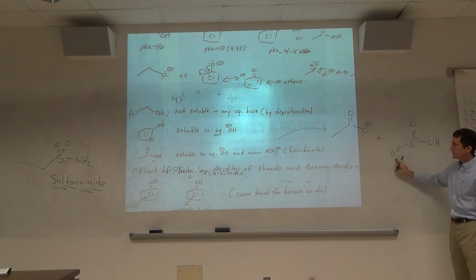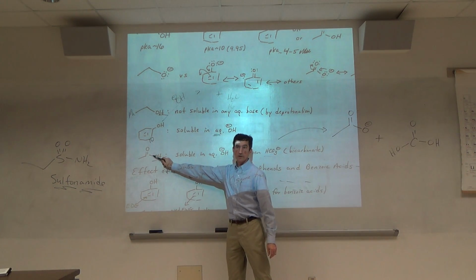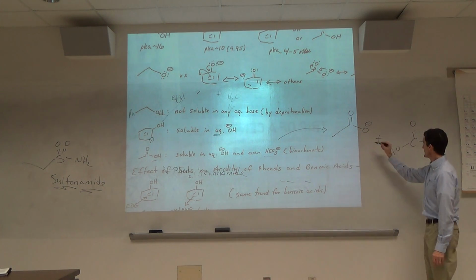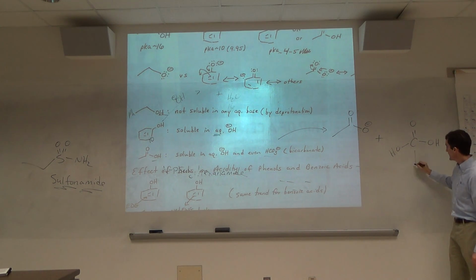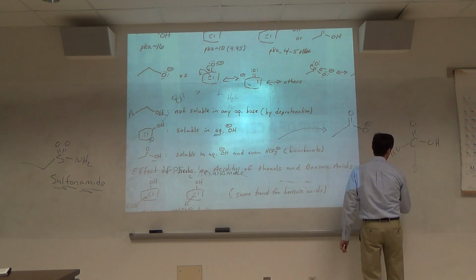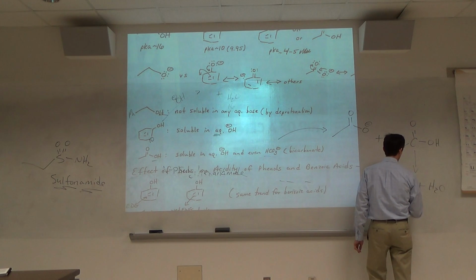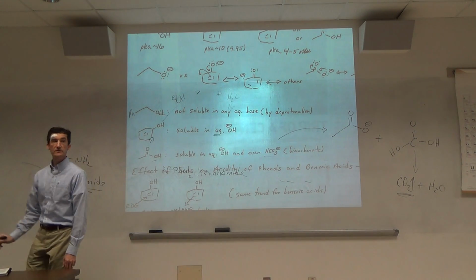Plus the carbonate gets protonated. A 10% solution in water, that's vinegar. What's the name of that guy? Carbonic acid. What happens to carbonic acid? It decomposes to CO2 plus water, and the CO2 bubbles out like a gas. Carbonic acid is not stable.